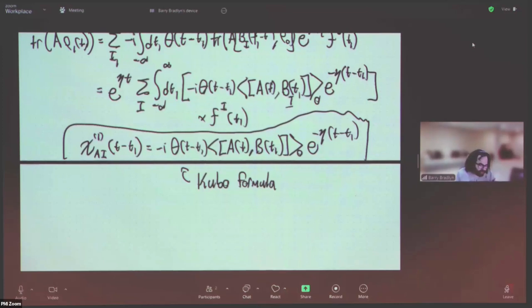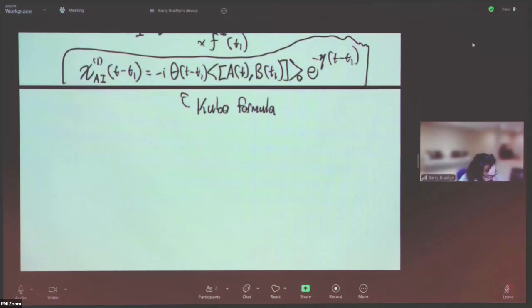If we happen to know all of the eigenstates of the unperturbed Hamiltonian, we could use those to compute this correlation function and know exactly what the linear response function is. Okay, so the linear response functions are going to be our primary object of study for the next lecture and a half.